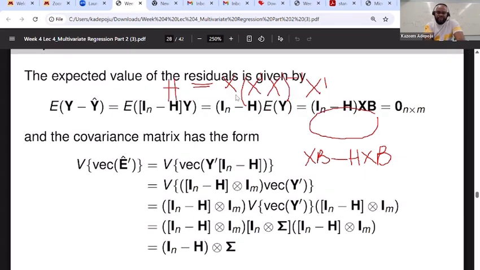So if I put the whole of this here, what is it going to be? Let's take a look at that.